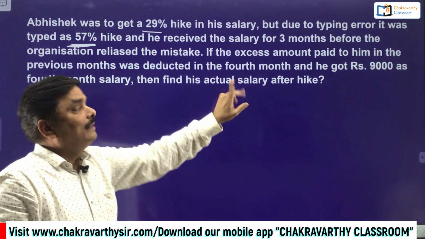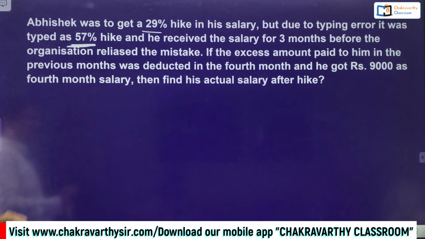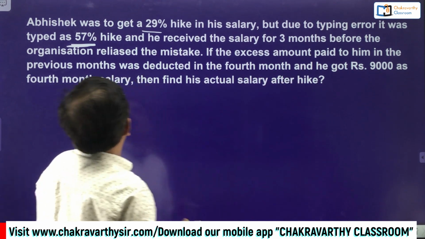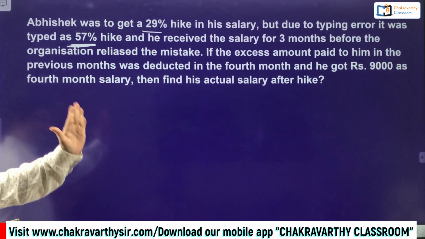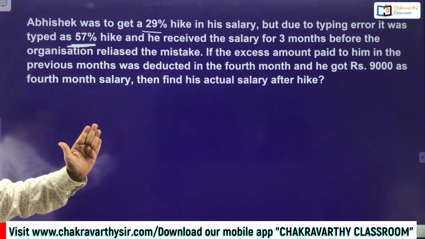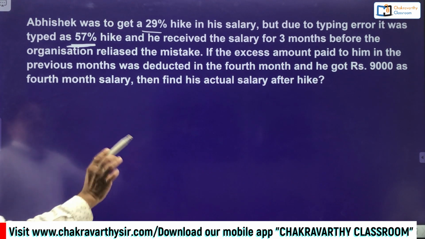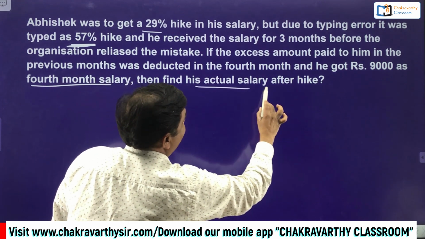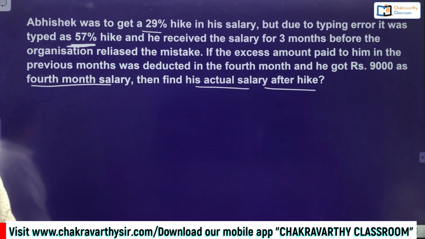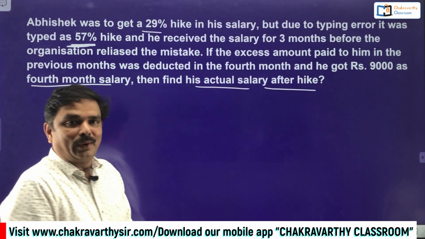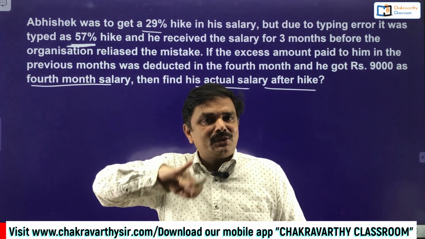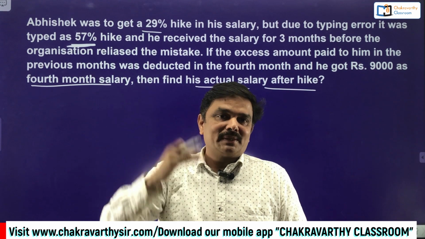After 3 months, the management realized the mistake and decided in this way: the excess amount paid to him in the previous months was deducted in the 4th month, and he got 9,000 rupees as 4th month salary. Then find out his actual salary after hike, is the question. I hope you have understood this one, right? He has to get only a 29% hike, but by mistake he got a 57% hike.